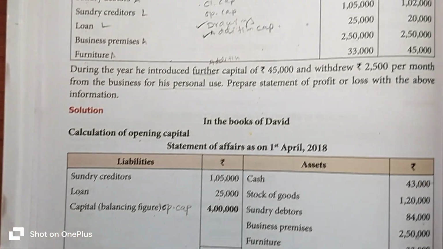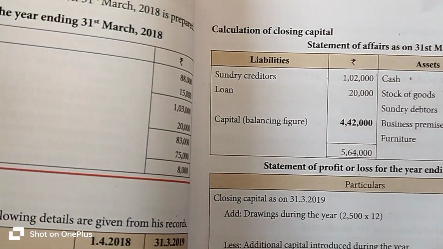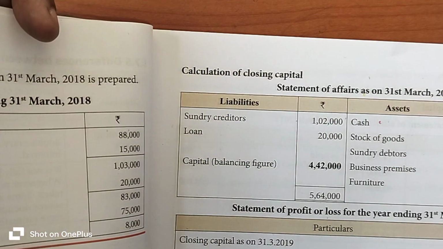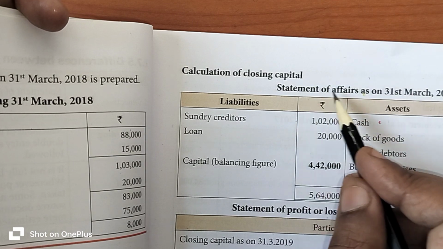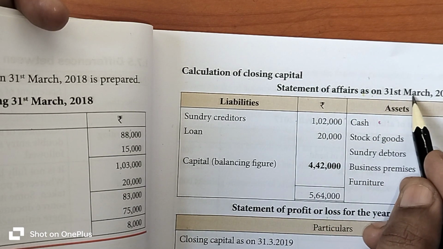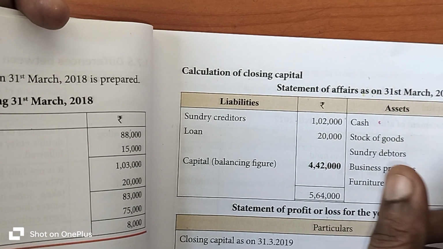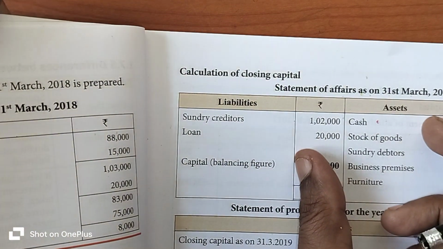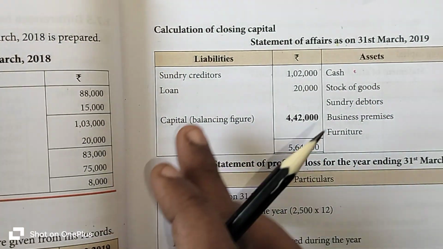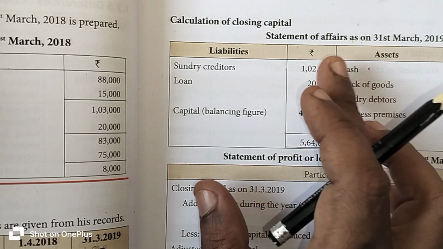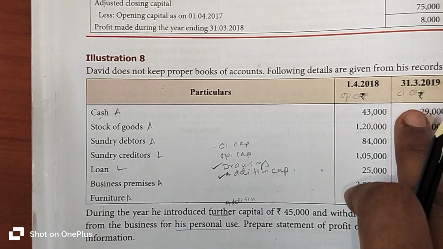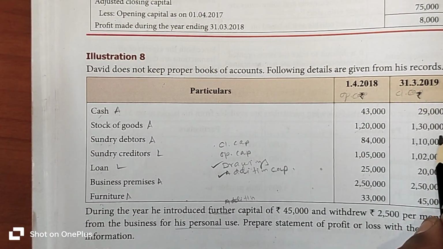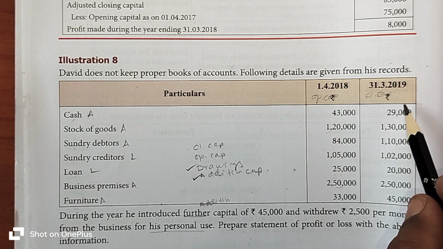Okay, then let's go to prepare the closing capital. So what's the heading? The heading is calculation of the closing capital, statement of affairs as on 31st March 2019. Statement of affairs means like a balance sheet. Liabilities and assets side, we enter the values taken from 31/3/2019.